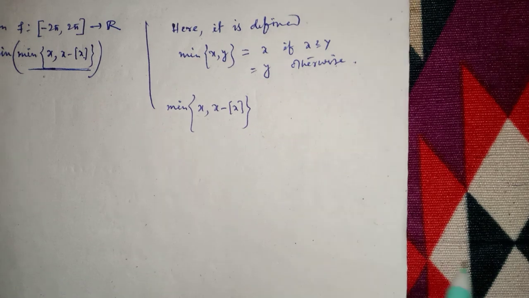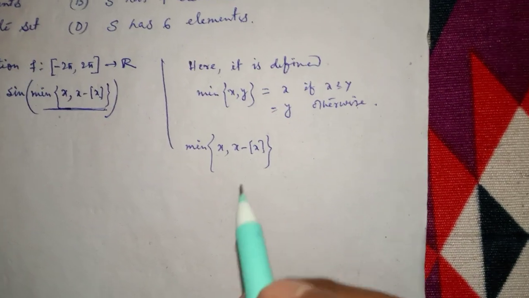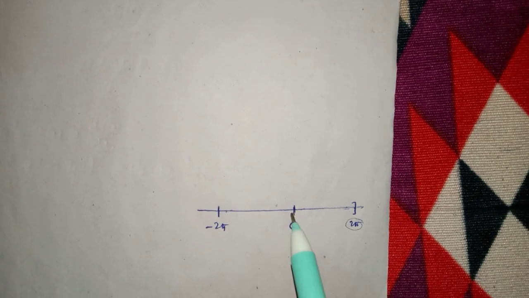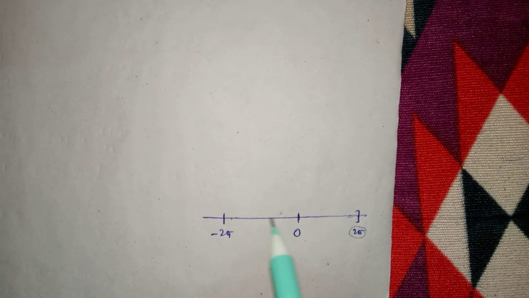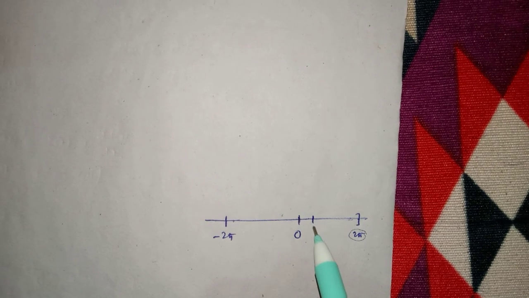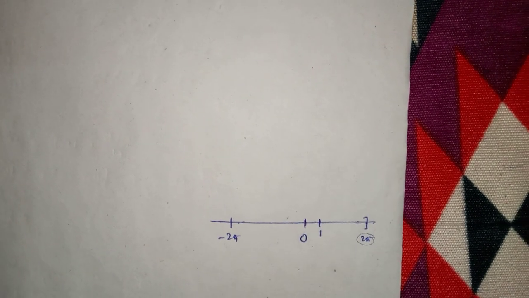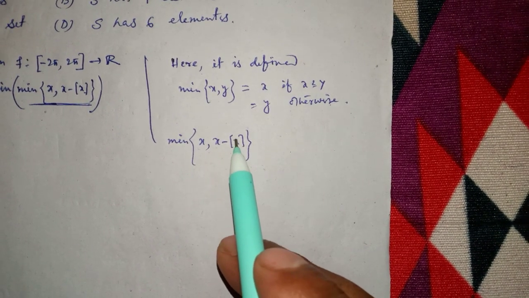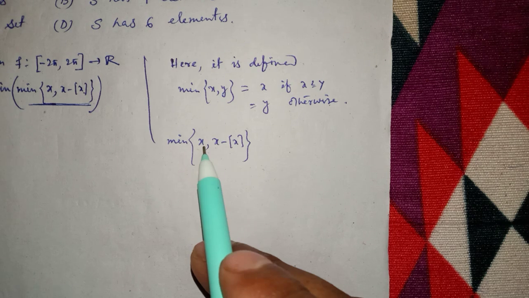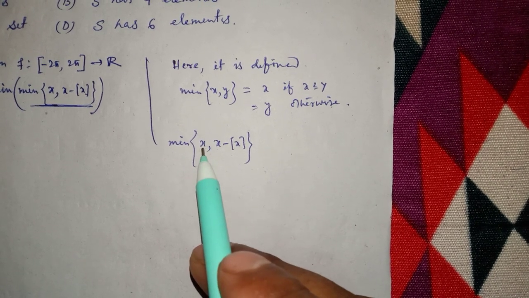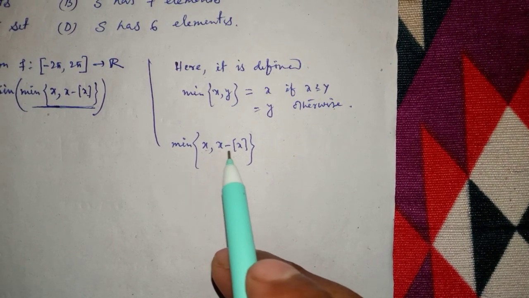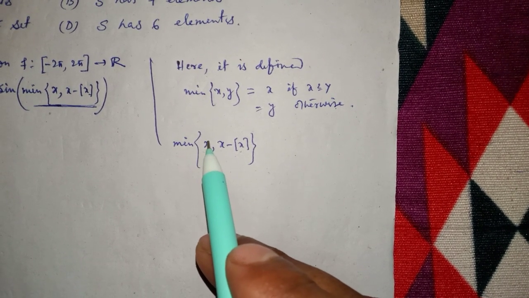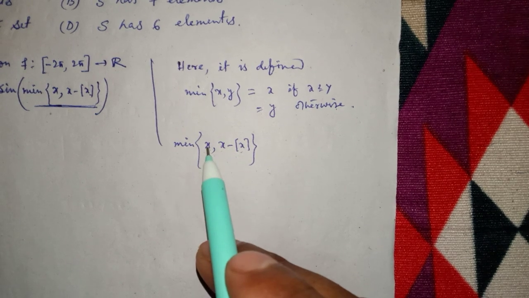So minimum of x comma x minus box x. When x is negative, then this is greater than x, because when x is positive, x is greater than this. So when x is negative, this is greater than x.